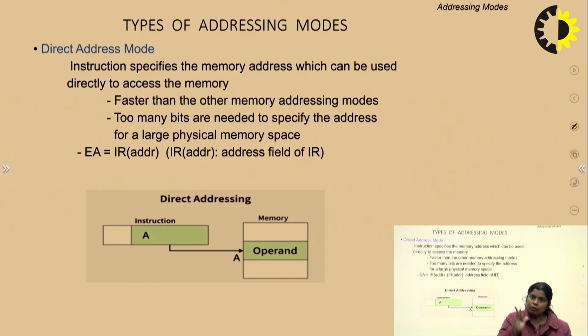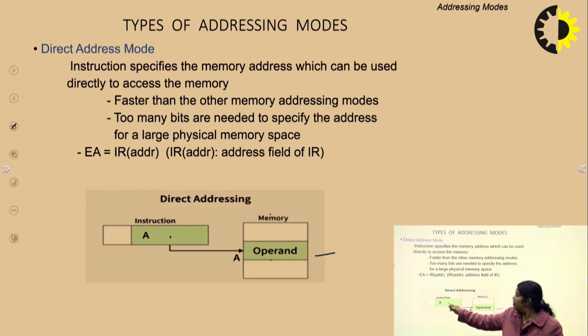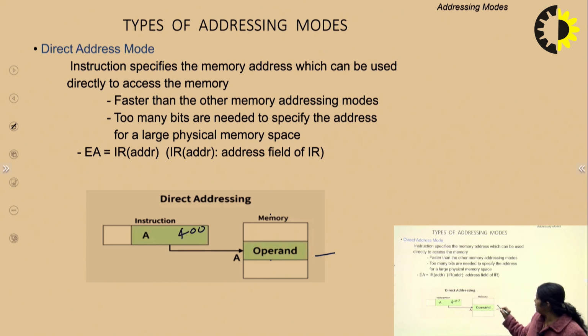even though the permanent location is his home. Now, when I am searching for the operand, that operand is residing in the memory, and the address part of the instruction is, suppose, 400. Whatever value is residing in the memory at address 400, we can get the actual address of the operand.